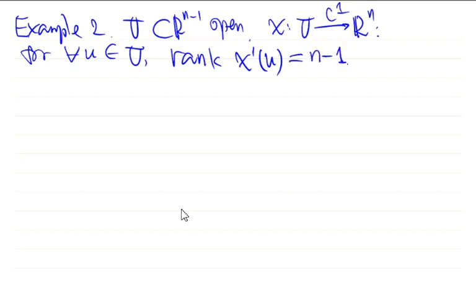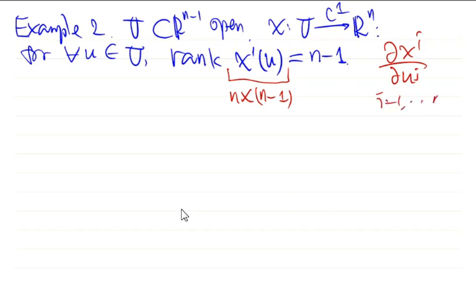What does this mean? This derivative, because X is a map from n-1 dimensional open set U to Rn, is therefore an n by n-1 matrix. The entries of this matrix are dxi/duj. Here i is from 1 to n, j from 1 to n-1.